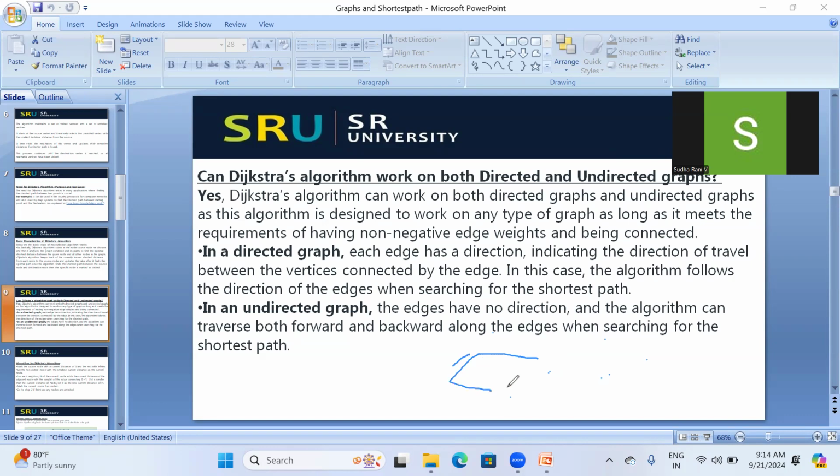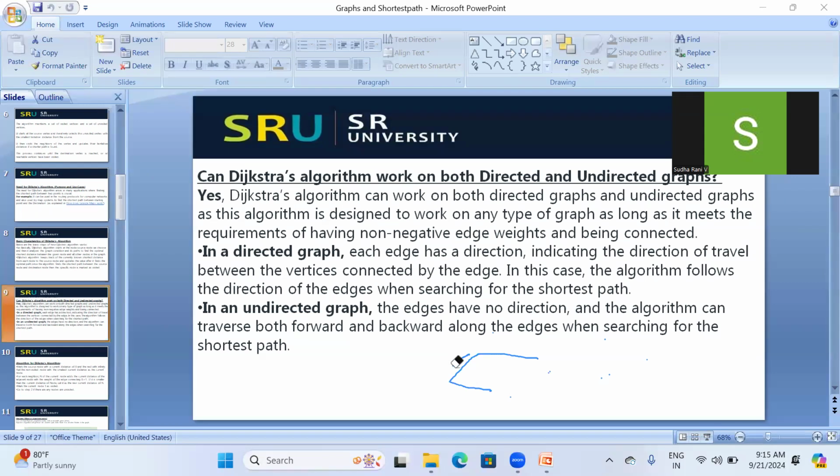Here from this node we have two possibilities: either we can traverse from here to here, or here to here, if these are 0, 1 and 2. But if the direction is already defined, then even though there are two possibilities, we have to traverse from 0 to 2 instead of 0 to 1, because the direction is already specified. This kind of graph is called a directed graph.